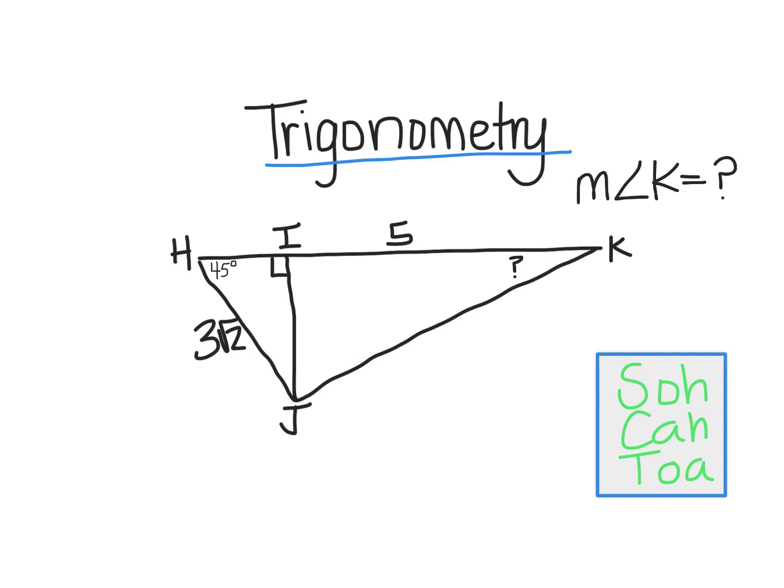Okay, so what I would start out by doing is referencing the pattern that we see with a 45, 45, 90 triangle. So a 45, 45, 90 triangle is an isosceles right triangle. That means that my two legs on the right triangle are going to be congruent.